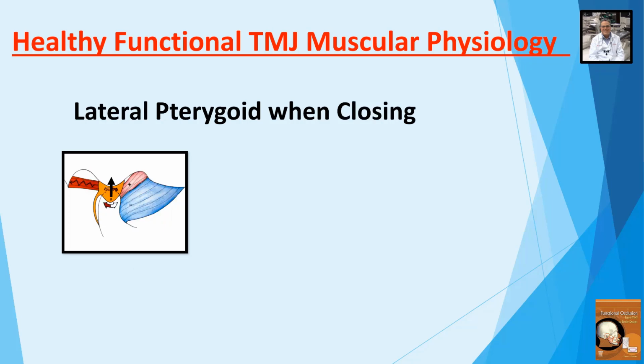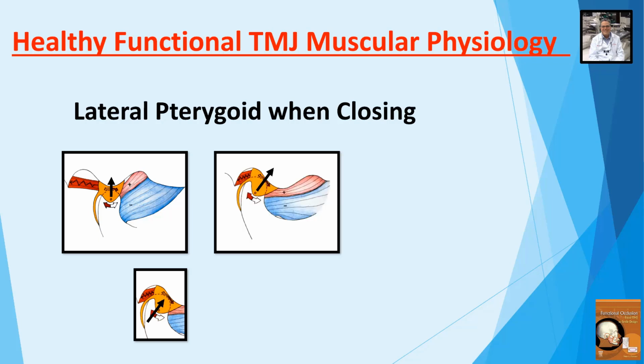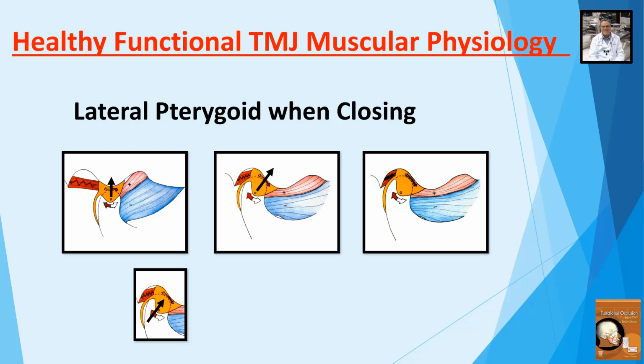When we're closing, again, we're starting on the top. The condyle and the disc are on the top, and the disc needs to end up towards the anterior. In order for that to happen, the inferior head of the lateral pterygoid has to relax for the condyle to go back, and the superior head needs to contract in order to reposition the disc towards the anterior against the pull of the elastic fibers.